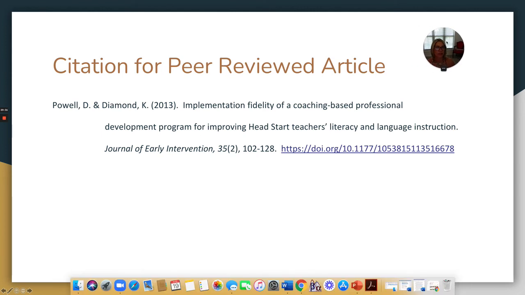So here's just an example of the citation for a peer-reviewed article. This has 2 authors followed by the date, the name of the research article, where it was located, the page numbers, and then followed by the location of the source.